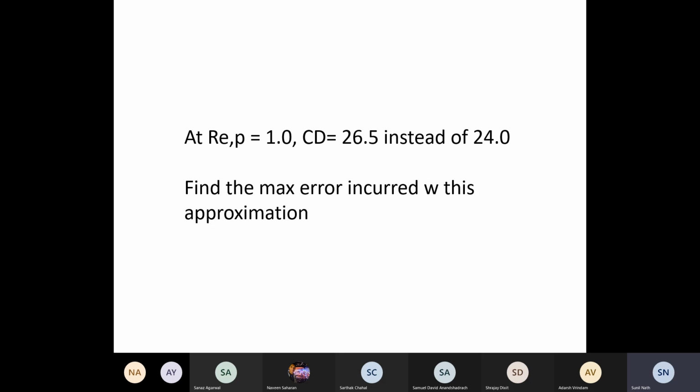And this constant value can be determined by experiment, by doing this on a number of settling chambers or wind tunnels, and this works out to be for a sphere 0.44 CD value. So what used to be 24 now has decreased to 0.44.